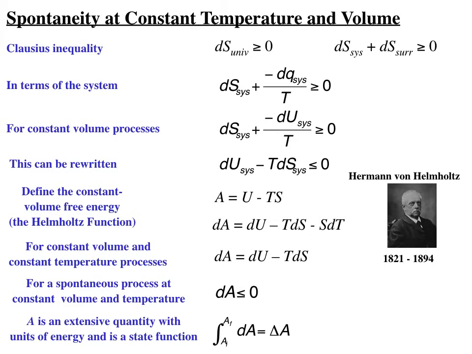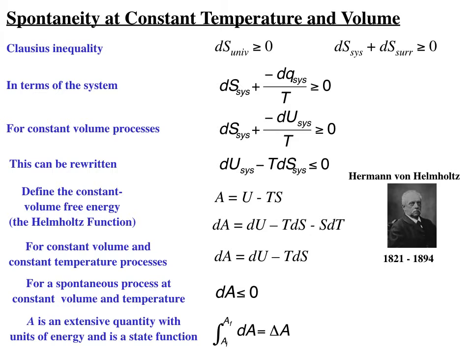Now what was done by Helmholtz is the definition of a new quantity, the work function as it is often known, and we will call it the Helmholtz function. It is defined as A equals U minus TS. If I take the differential of that, I get that dA is dU minus the differential of TS, which is TdS minus SdT.